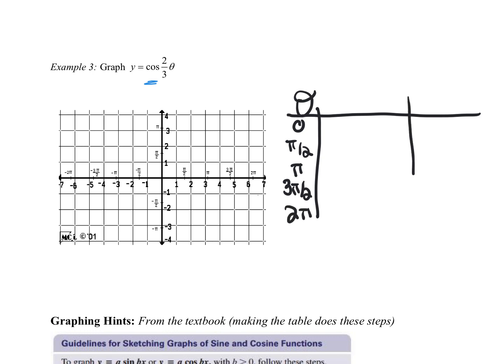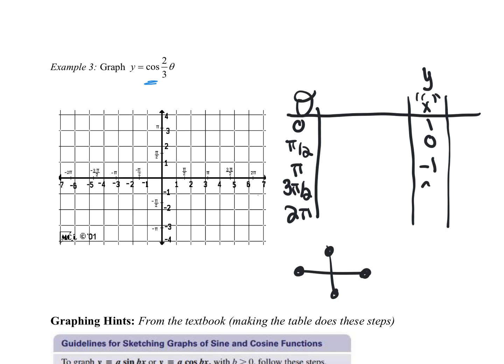But this time, I'm going to put the x values. It's still going to go on my y-axis, but I want the x value. So the x value at 0 is 1. The x value at pi over 2 is 0. The x value, because I'm doing cosine, at pi is -1. The x value at 3 pi over 2 is 0, and then back to 1 again.